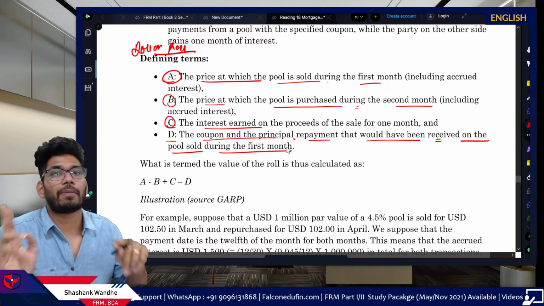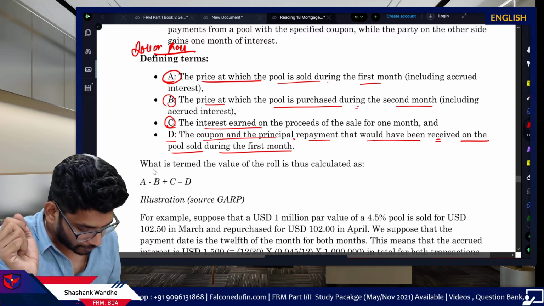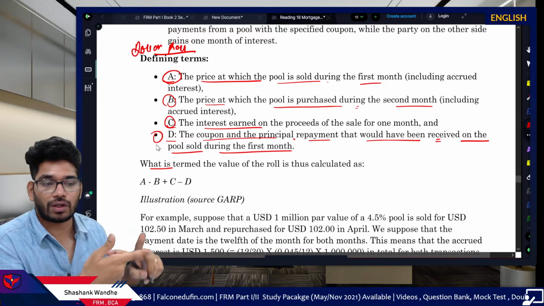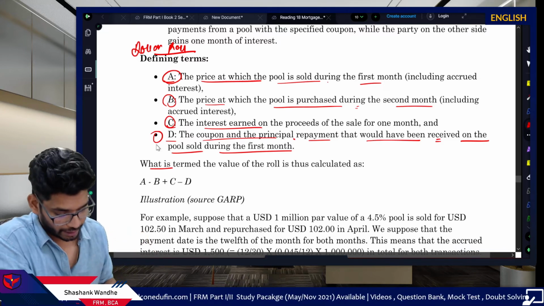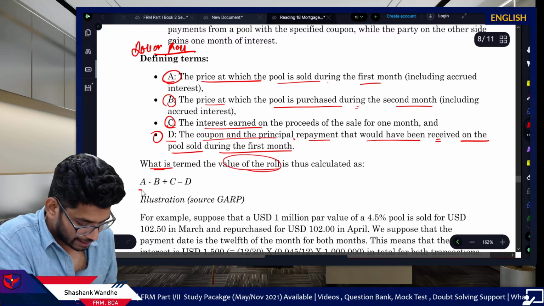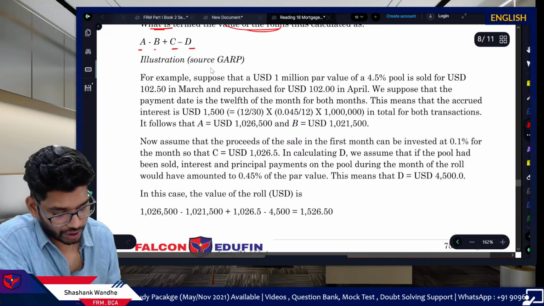But the coupon and principal payment will be the same for the TBA and the MBS. So obviously, by selling it like this, you will lose on principal and the coupons, right? So the dollar roll is calculated as A minus B plus C minus D. Okay, we will see the illustration.